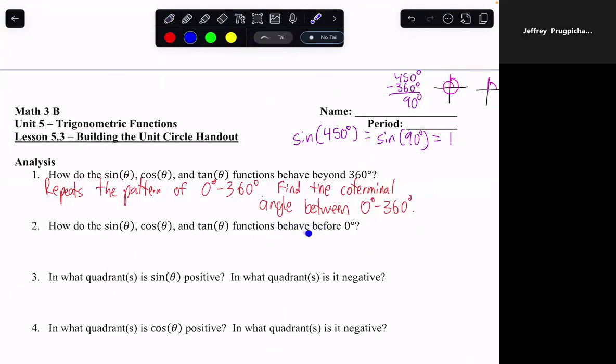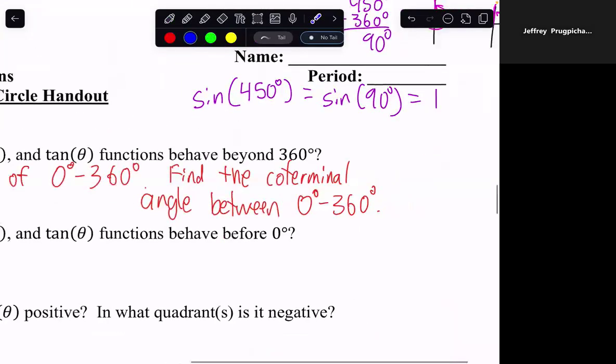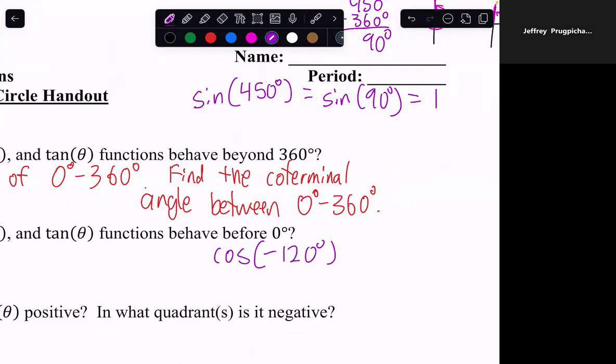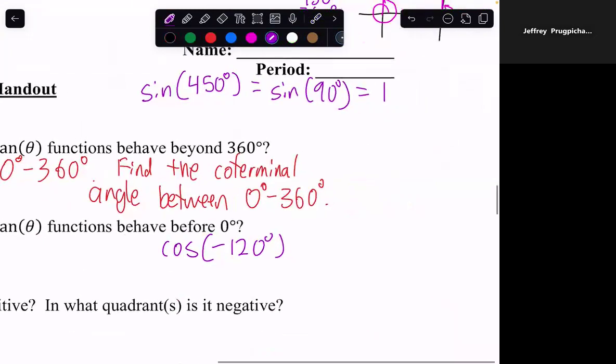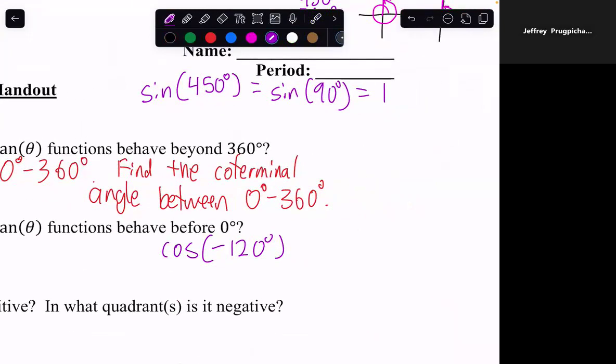We've also learned about negative angles, right? Before 0 degrees means negative. Same idea. Let's say that I asked you for the cosine of negative 120 degrees. What you could do is find the angle that's between 0 and 360 degrees. This time, since we're starting negative, you would add a full circle instead of subtracting.